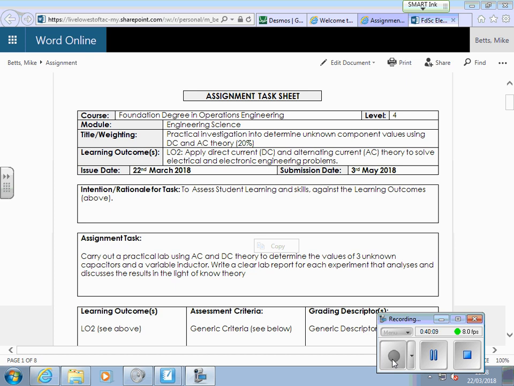So, assignment task, more detail further down, but carry out a practical lab using AC and DC theory to determine the values of 3 unknown capacitors and the value of a variable inductor. Write a clear lab report for each experiment that analyses and discusses the results in the light of known theory.